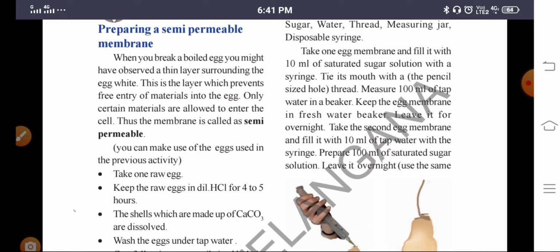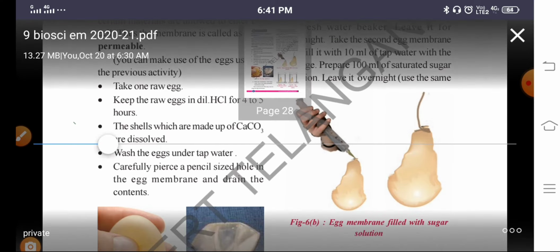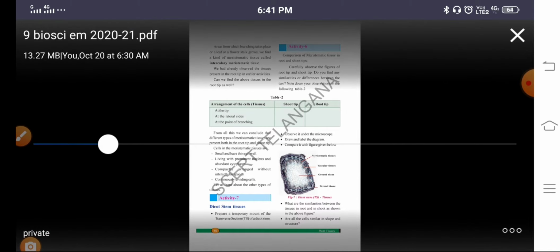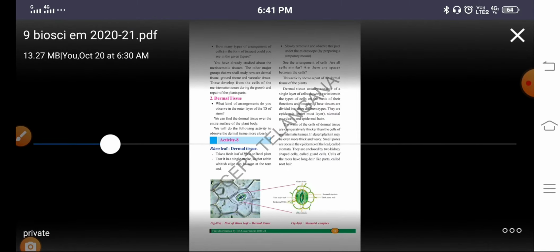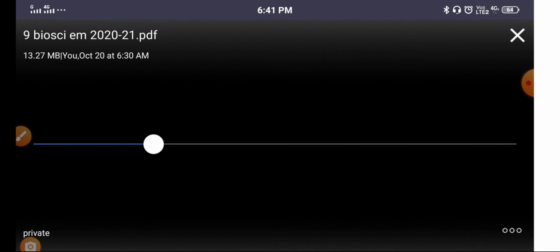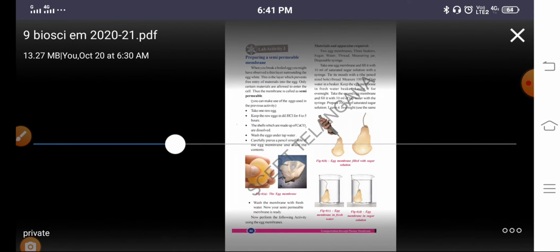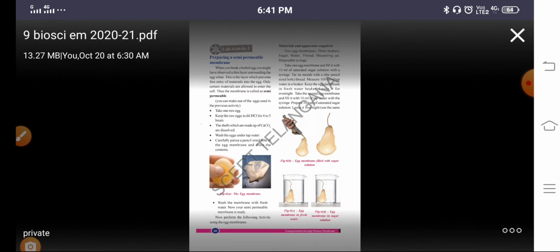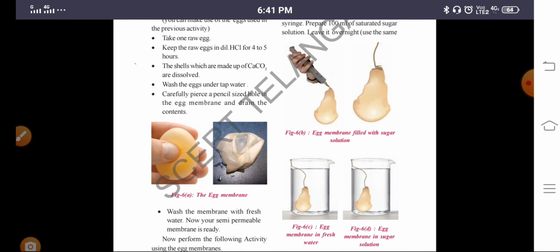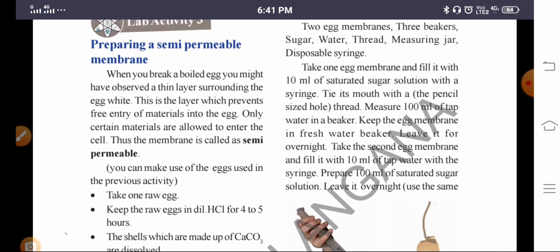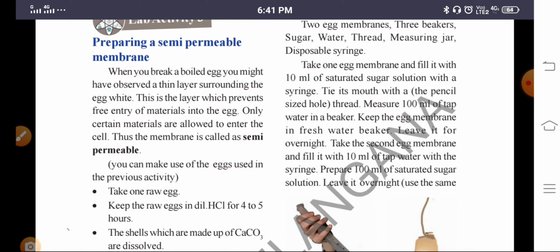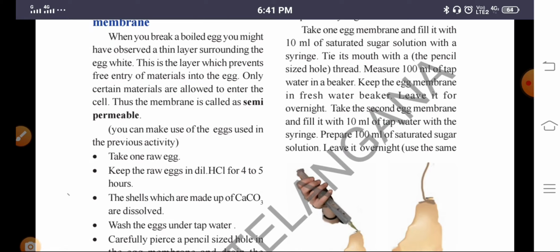So now, what is the procedure to separate the plasma membrane? Take one raw egg.